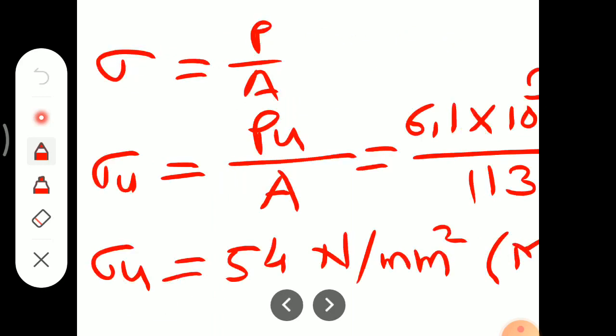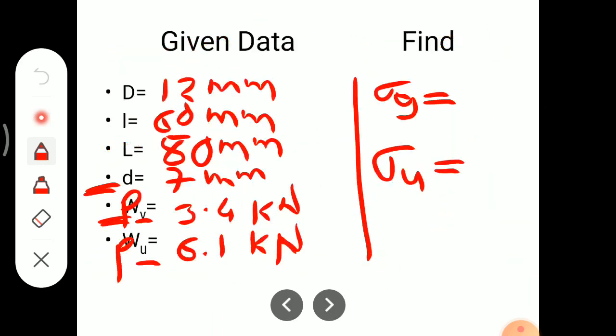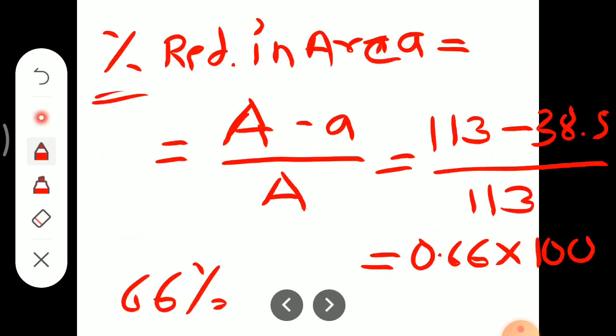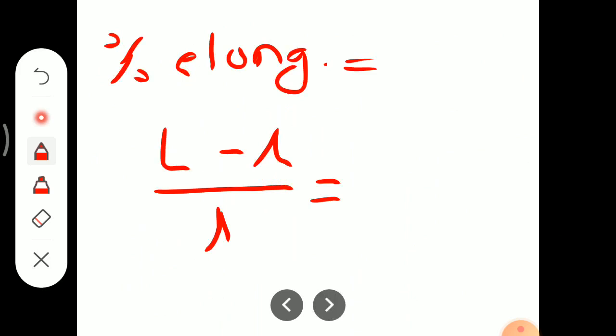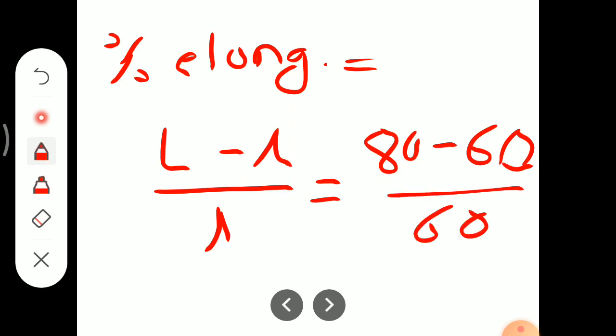We have the values in the given data: 60 is the minimum length and 80 is the maximum length. So 80 minus 60 divided by 60, and the answer is 0.33.